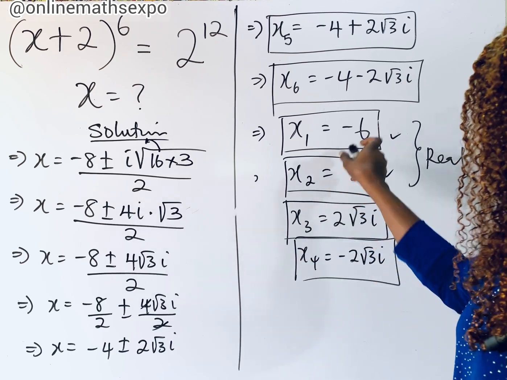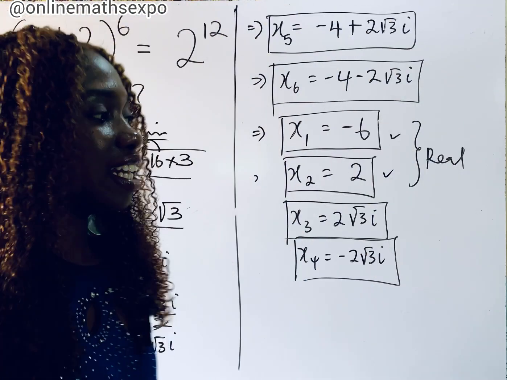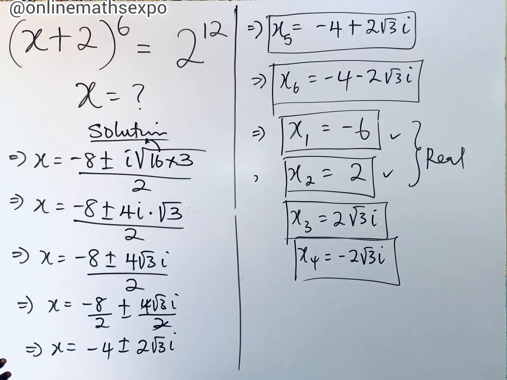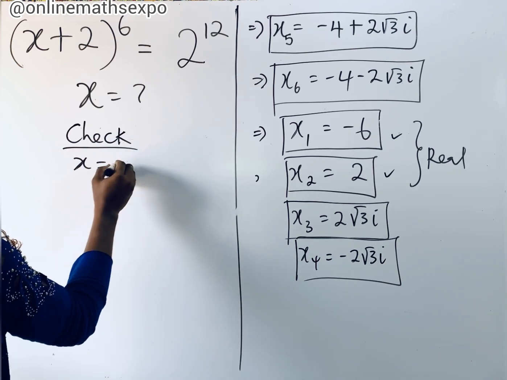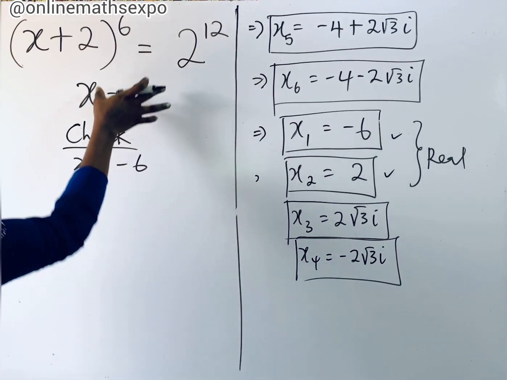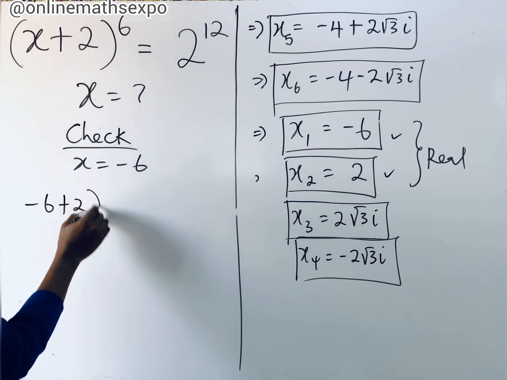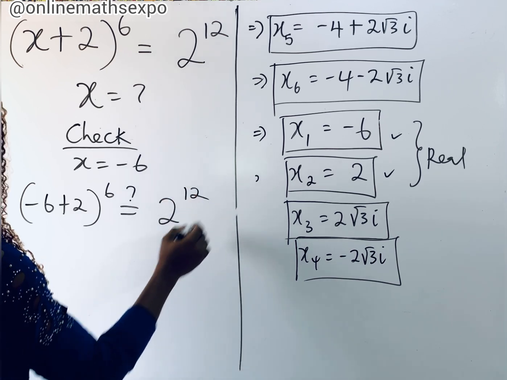Now let's just check for one of these. Let's put the value of x as -6 and let's see if it gives us this value at the right side. So to check, we check for when x is -6. Put it here, at the left side we have (-6 + 2) to the power of 6 is equal to 2 to the power of 12.